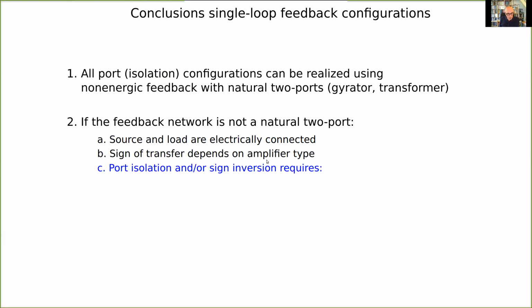If we then want to have port isolation, or we want to have a sign inversion, we need to do something else. If we cannot use natural 2 ports as feedback elements, we need to do other techniques. And these other techniques are active feedback, balanced feedback, and indirect feedback.